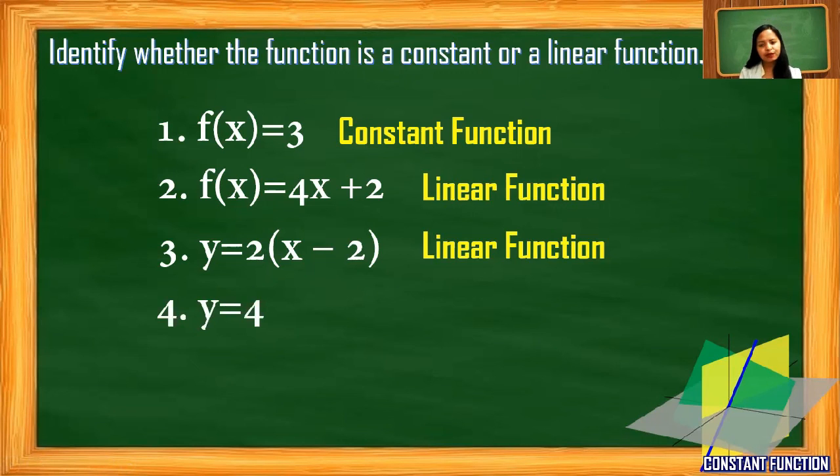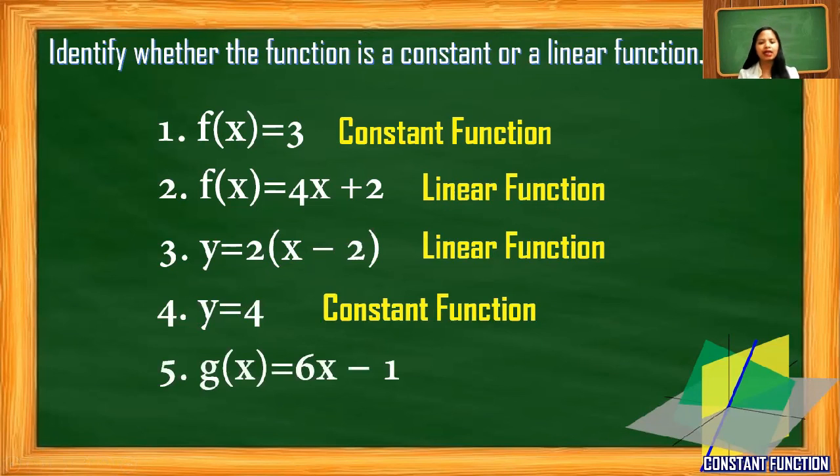Is this a constant function or a linear function? Very good. That is a constant function because the value of our y is equal to a constant 4. Another one is g of x is equal to 6x minus 1. Is this a linear or constant? Yes, very good. That is a linear function.